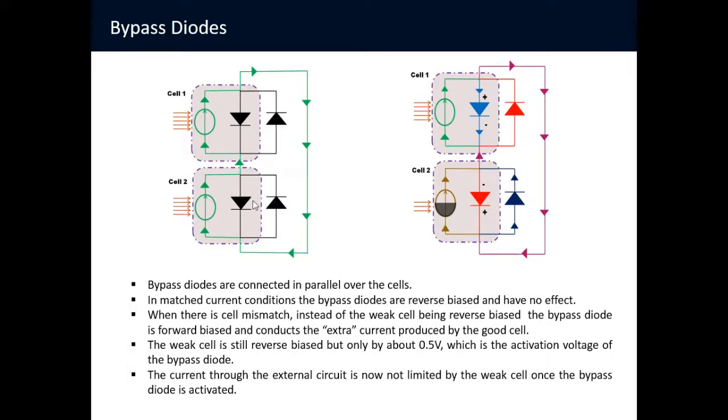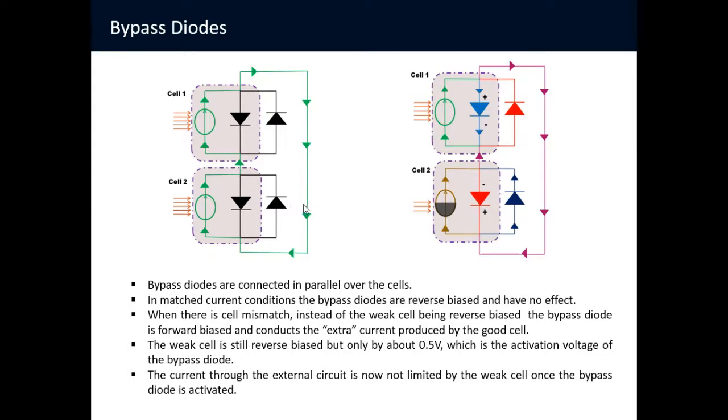So in the instance where one of the cells is shaded by 50%, what would happen is the current is now mismatched. The cell 2 that would normally have become reverse biased and heat up, the bypass diode is activated across it.